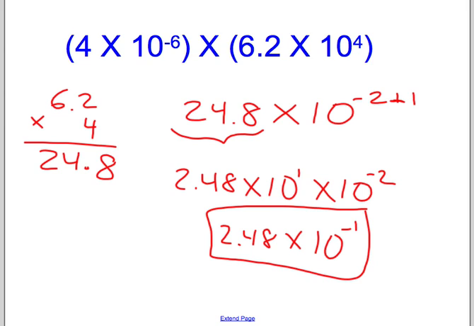I want to do another one. Those are the ones I had typed up to do. I want to make sure we're clear on this.